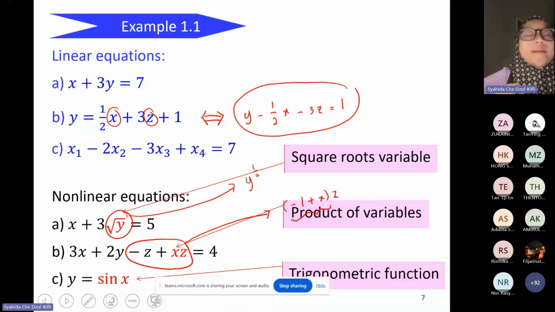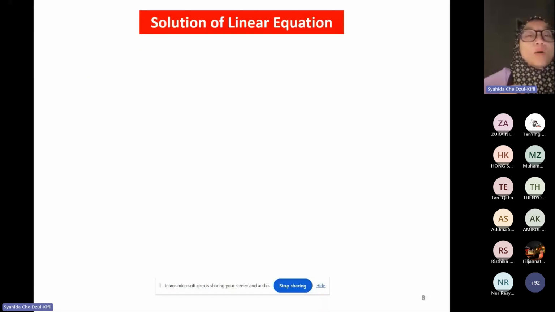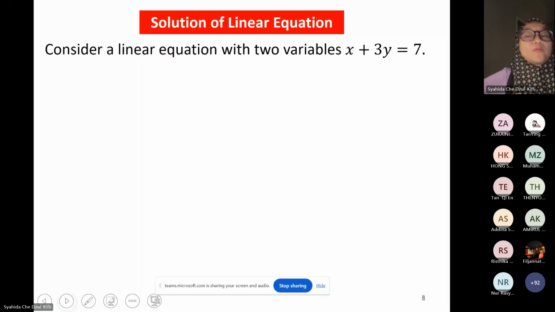Okay, what does it mean by solution of a linear equation? We start with an example of a linear equation with two variables, x plus 3y equal to 7.